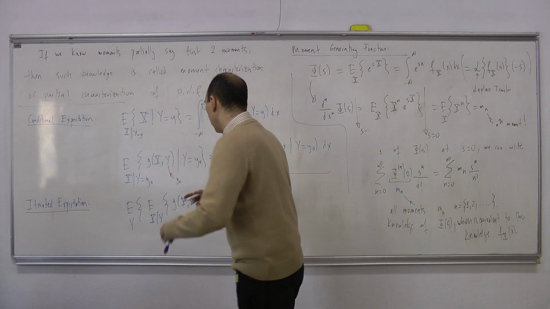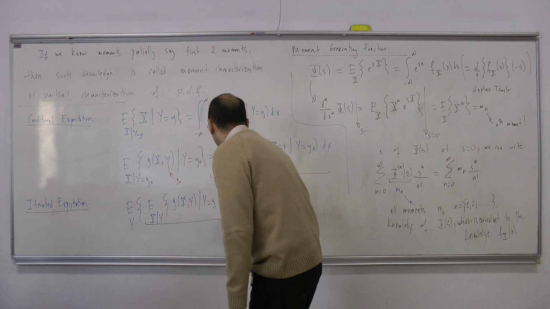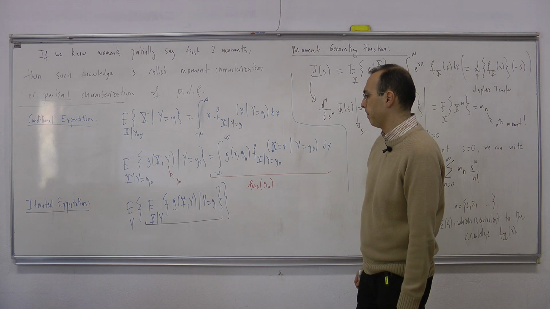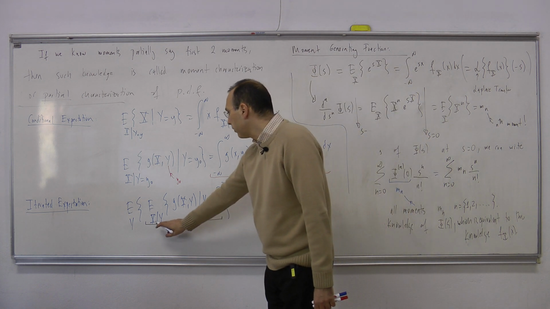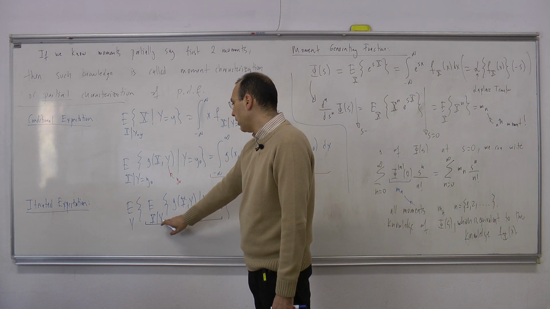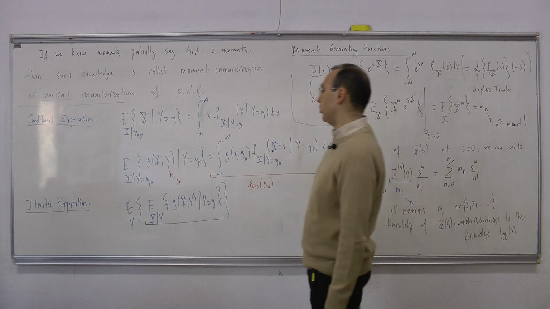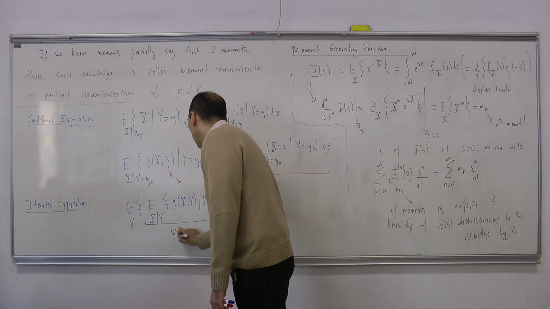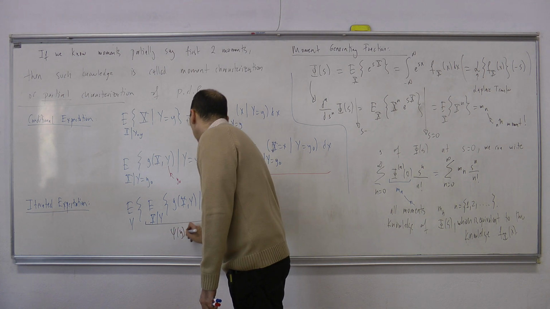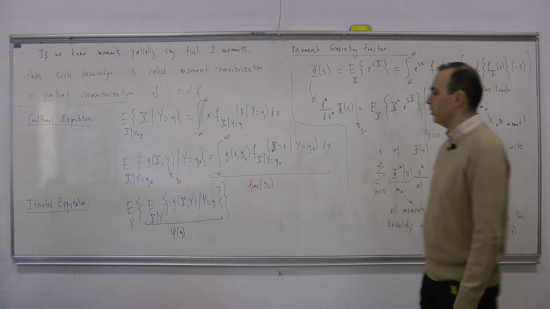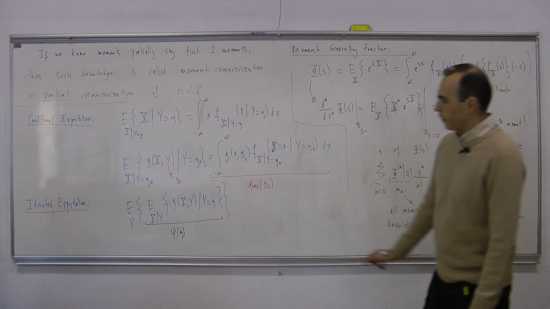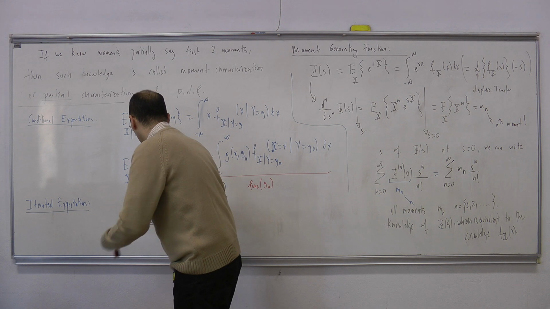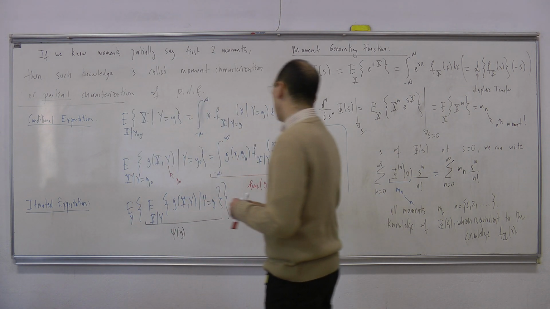Previously, we calculated this part, this conditional expectation. Now I have random variable x and random variable y, but y is fixed to small y. Let me call this a function phi of y, because it depends on this conditioning variable. Then I take the expectation over this y random variable one more time.